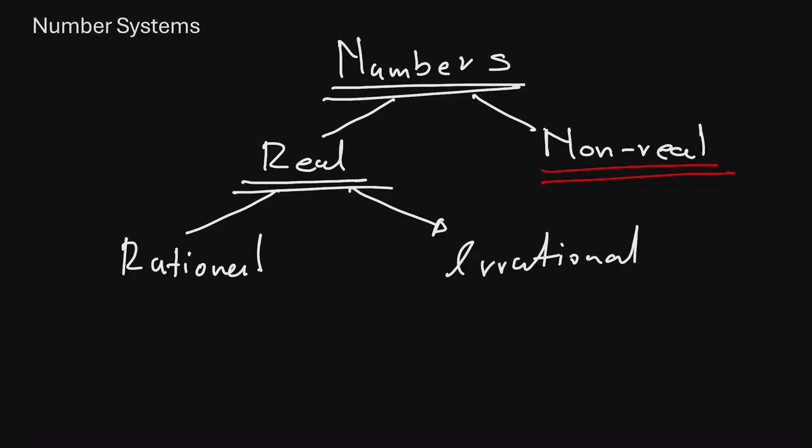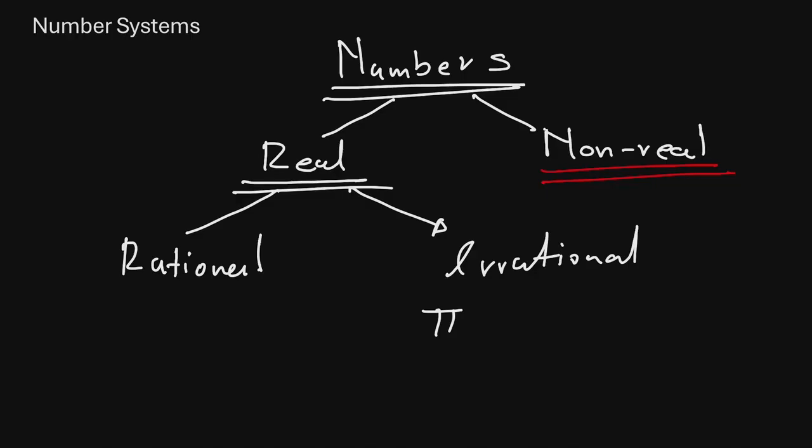For example, we have special values such as pi. If you punch pi in your calculator, you will see that pi is equivalent to 3.14159265, continuing like that up to infinity. So that is an irrational number.